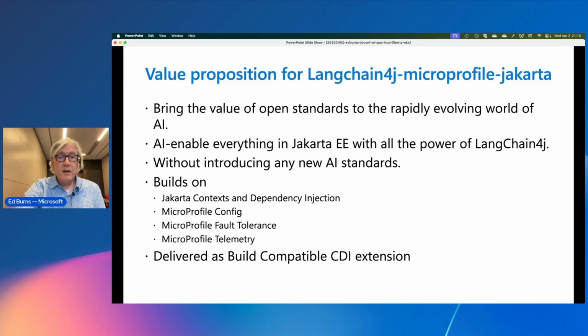Now, this project builds on Jakarta Context and Dependency Injection, the object model of Jakarta. It also uses MicroProfile Config, Fault Tolerance, and Telemetry. And it is delivered to you, the user, as a build-compatible CDI extension. CDI extensions are a way to extend the capabilities of a Jakarta EE runtime.